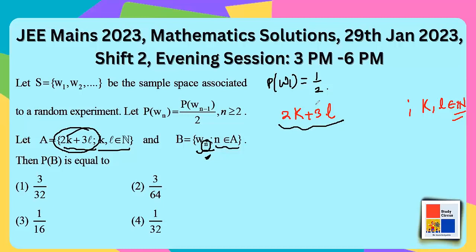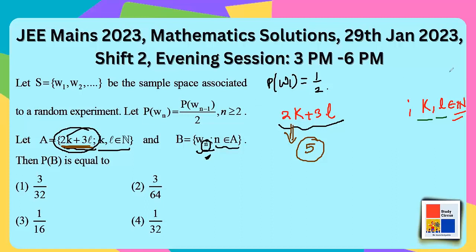Okay, let's find out. First of all, k and l are natural numbers, so they can be minimum 1 each. If I put k as 1 and l as 1, this can be minimum 5. So 2k plus 3l cannot be less than 5.